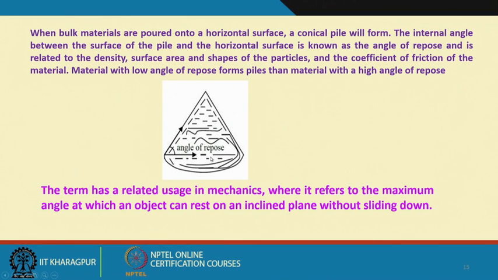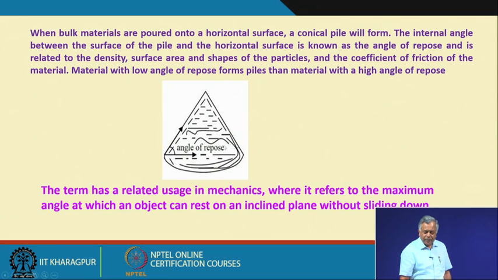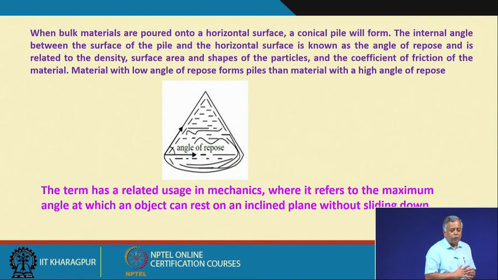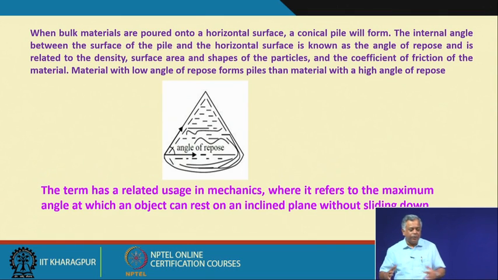The flatter they are, that is if the angle of repose is less, that means they are flatter. If the angle of repose is 0 degrees, there is no cone formation. So, the surface area requirement to accommodate a particular quantity of material will be more than for a particle having a higher angle of repose.